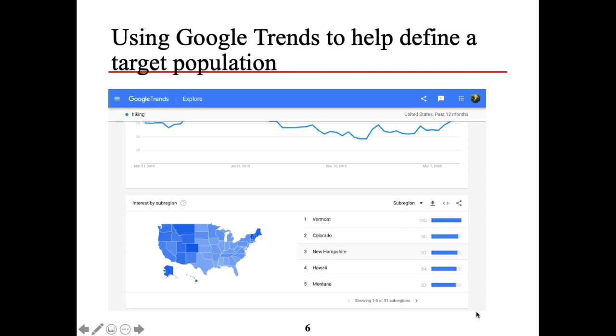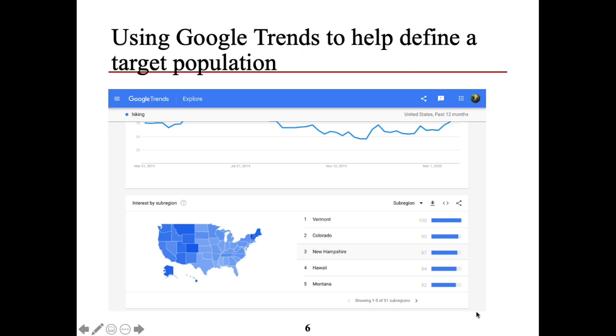For our purposes, for marketing research, this may be where you want to hit those who are the most serious about hiking, and this may be in a specific geographic region. Here you can see that Vermont expresses the most interest in hiking, followed by Colorado, New Hampshire, Hawaii, and Montana. These are the top 5.